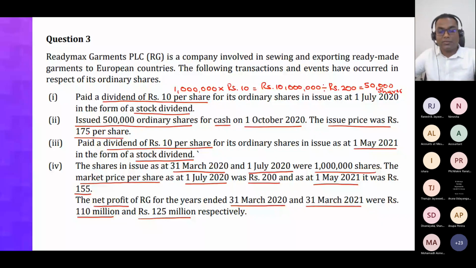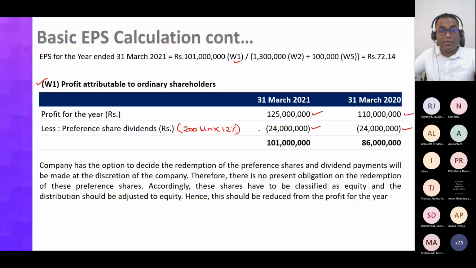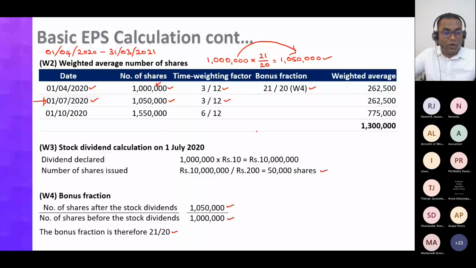So the number of shares will increase by 500,000 from 1st October 2020, the middle of the year, to the year end. What is the year end? 31st March 2021. So the number of shares will increase by 500,000, 1,050,000 plus 500,000, which would be 1,550,000. The number of shares is at that level up until the year end, which means for a 6 months period, 6 upon 12.